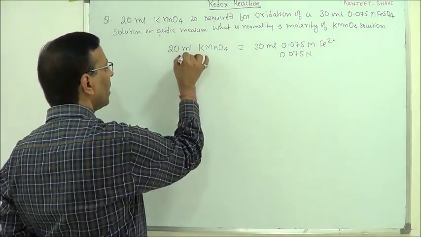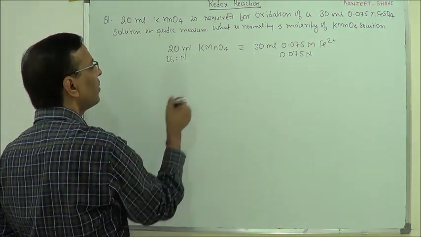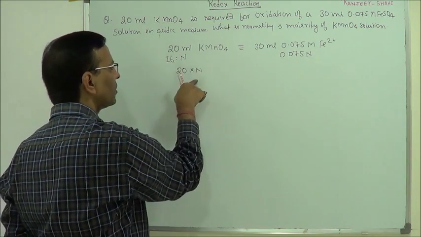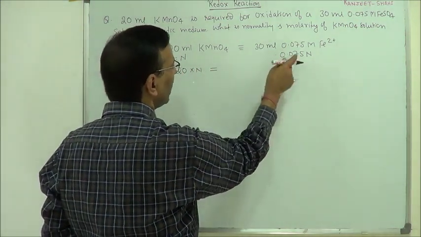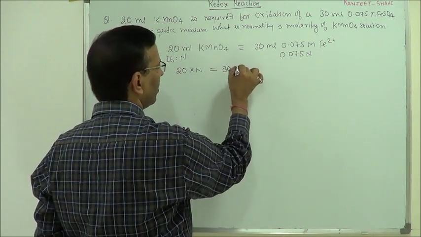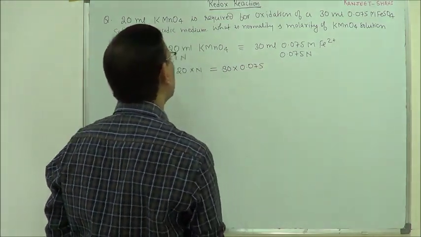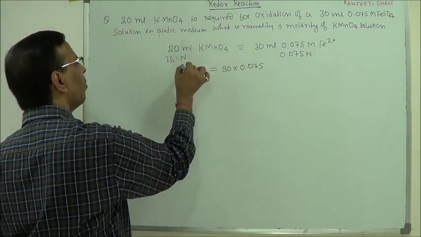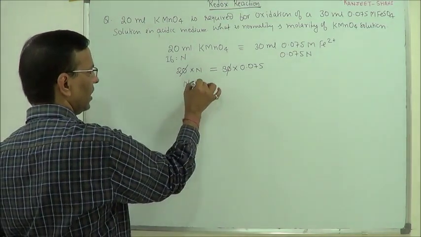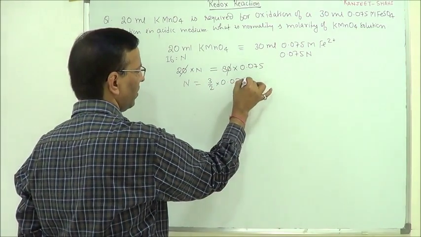So if N is normality of this KMnO4, volume multiplied by normality on this side will be equal to volume multiplied by normality on the other side. So if we solve for normality, 10 will cancel off. So normality is 3 by 2 times 0.075.